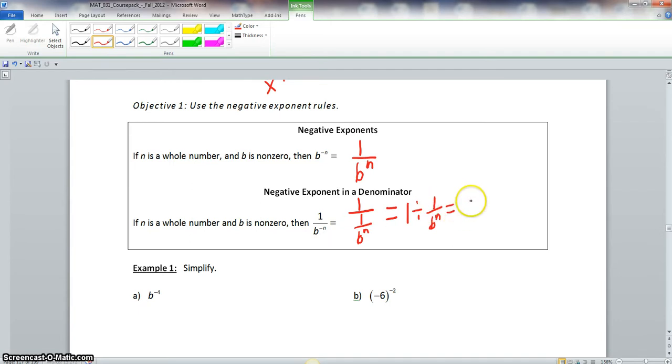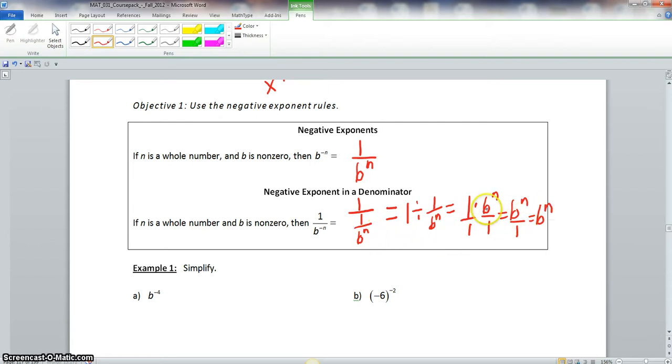Now we know this will become 1 times b to the n, or we could say b to the n over 1. So we'll make this 1 over 1, and we will have b to the n all over 1, which is b to the n.